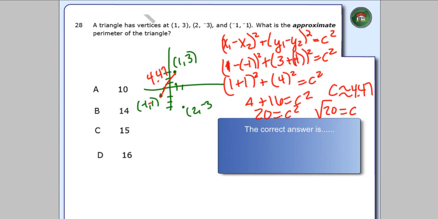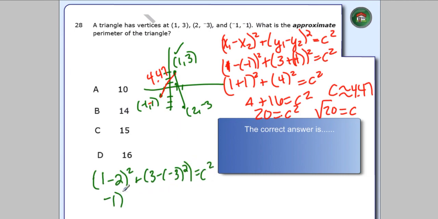And then we have to find the distance of this one. So you would do, again, x, 1 minus 2, square it, 3 minus -3, square it, and that would equal your c squared.